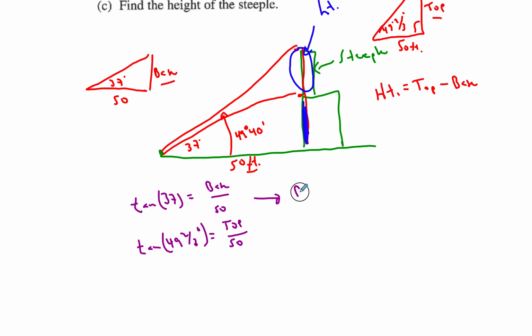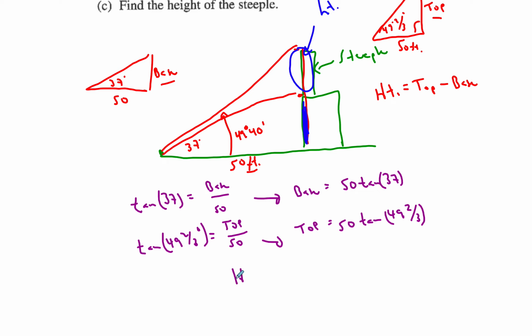This means that base equals 50 times the tangent of 37, and top, just multiplying both sides by 50, it's basically the same equation with slightly different numbers, 50 tangent 49 and 2/3 of a degree.